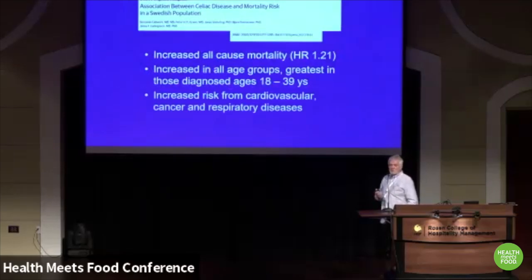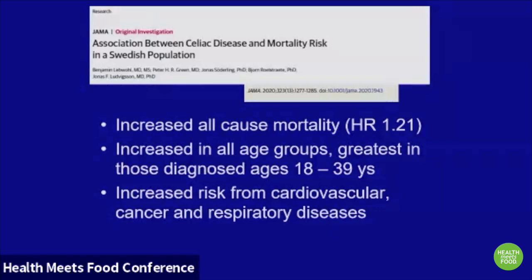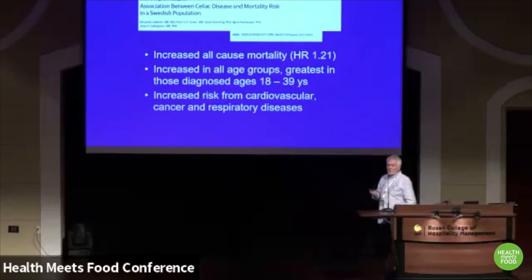Now, what's the big significance of celiac disease? The main significance to my mind is this increased mortality risk. It's significantly increased at whatever age you're diagnosed with celiac disease. Of course, if you get diagnosed at age 70 or 80, people are dying all the time, and so the risk of having celiac disease as the cause of death is not high. But it was greatest in those diagnosed between ages 18 and 40.